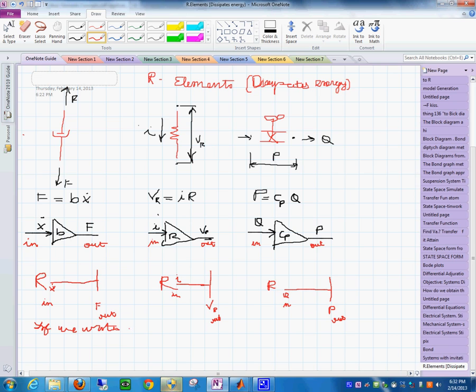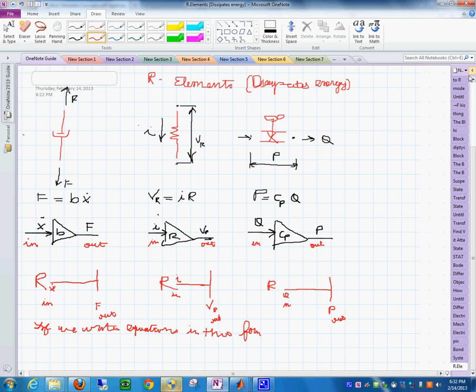If we write the equations in the other form, in this form, like, let me tell you what form I'm trying to say.